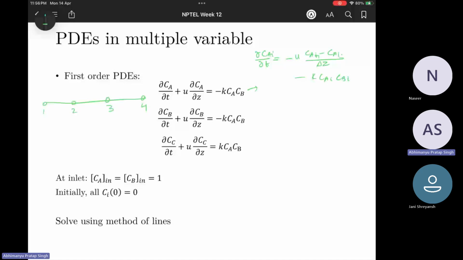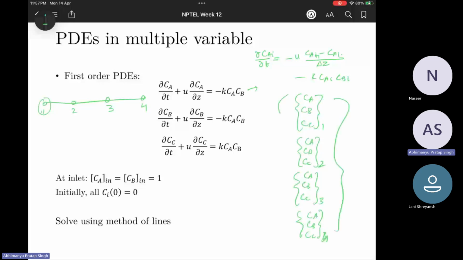So I will have 3 ODEs for each node. In total, I have 4 nodes. So this is for one node, for second node, for third node, and for fourth node. So this will be my entire discretization, and each of these equations will be like this. So dCA by dt, I will write as this, dCB by dt as this, and likewise I will continue.